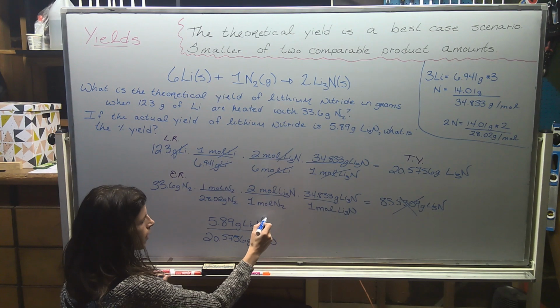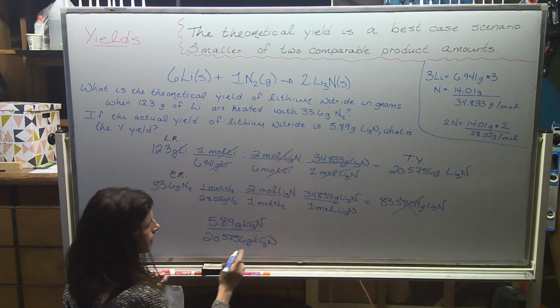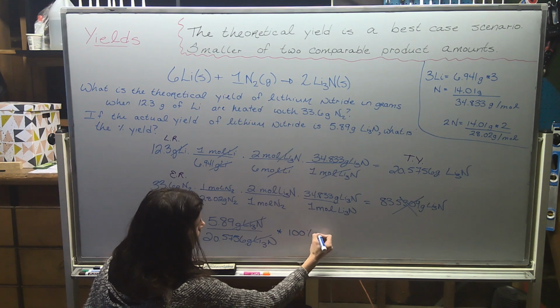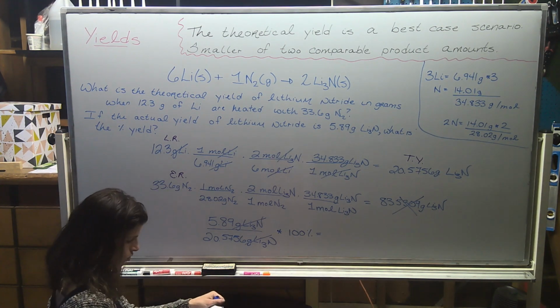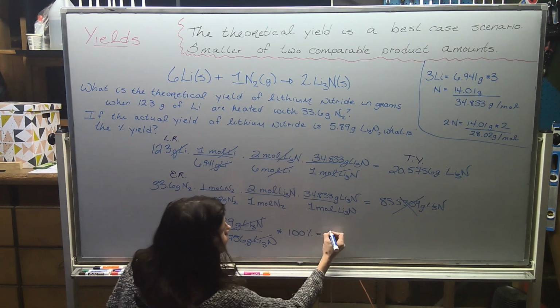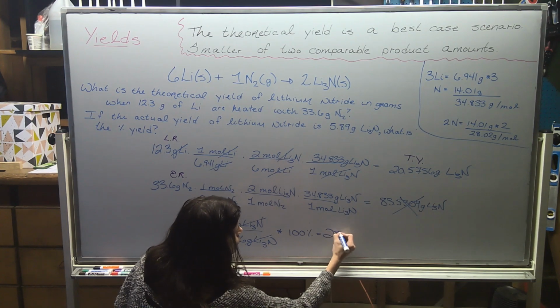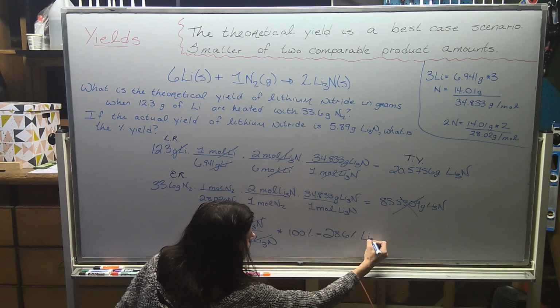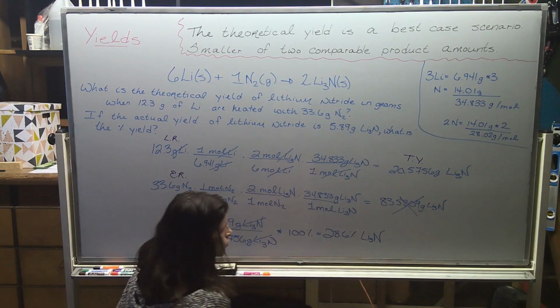They're both in grams, so those units are going to cancel. And then the only units I'm going to have left would be due to the percent. So their percent yield was about 28.6% lithium nitride.